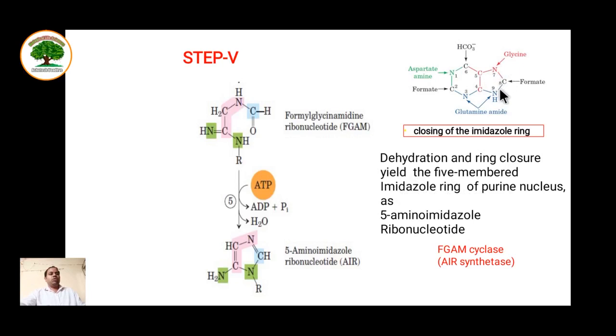This ring is closed here at this position. It is closed by dehydration, that is this H, this oxygen and this H together form the water molecule, and it is eluted out and the ring is closed here. So the product formed here is 5-aminoimidazole ribonucleotide, that is AIR, and the enzyme is called AIR synthetase or FGAM cyclase, as it cyclizes this reactant.